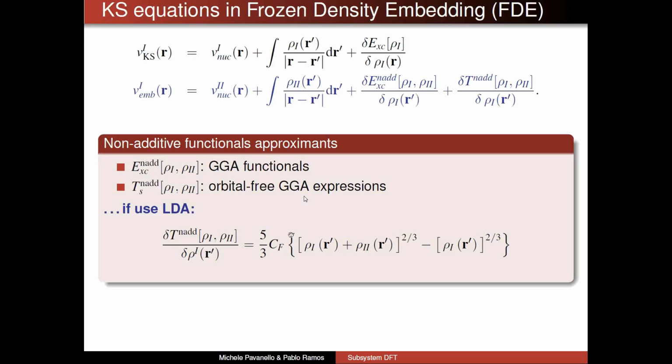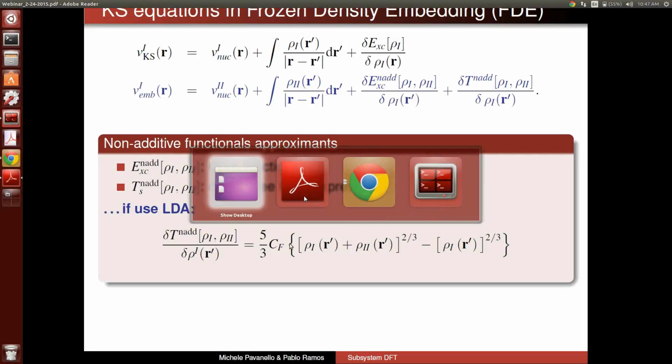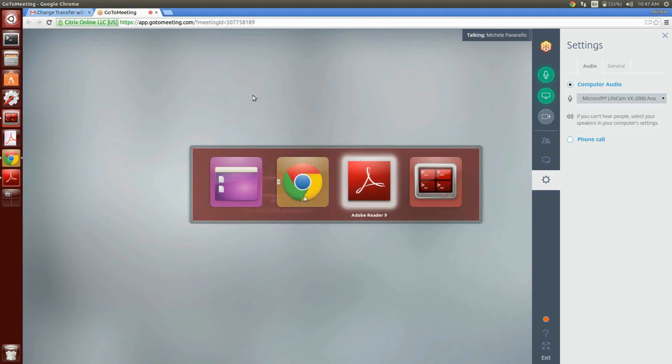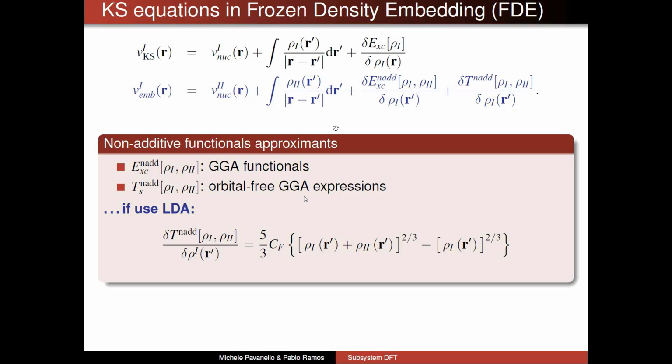Okay, so before we go ahead, I'd like to open up the floor for discussion. If you guys have any questions about the FDE method for determining electronic structures of large systems. So Fedor, if you can unmute whoever wants to ask questions, this would be a good time.